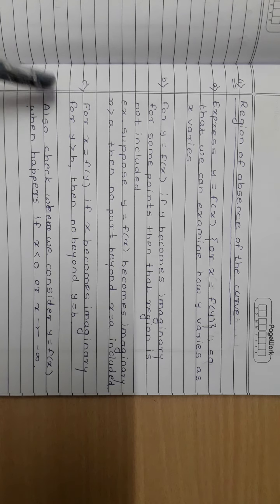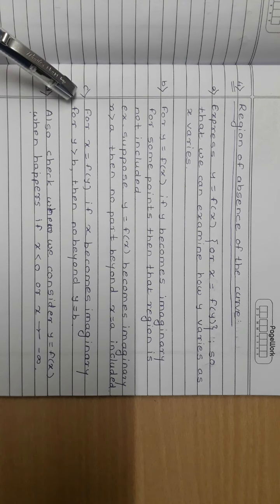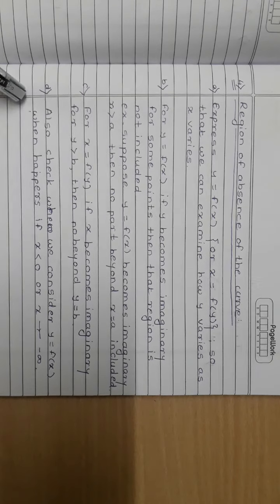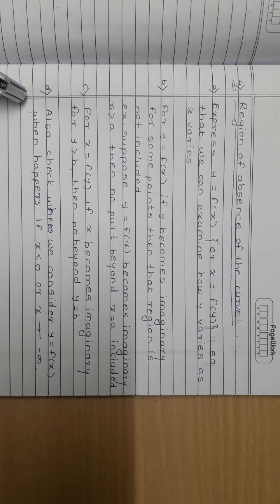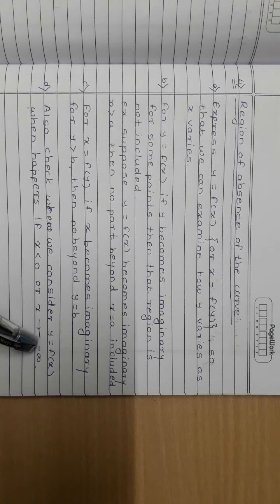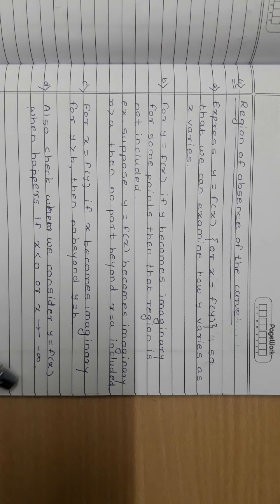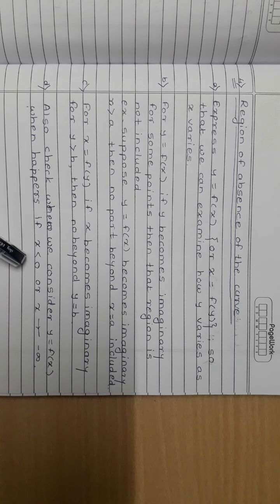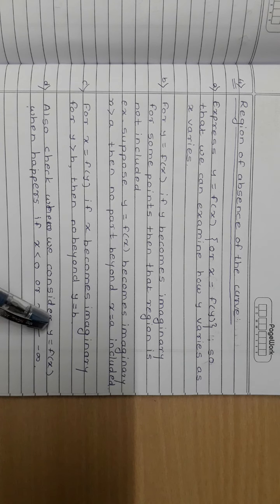Similar things you can do for x equal to f of y. Then the next thing: suppose y equal to f of x is given and the square term is not there, that is, it is just y equal to f of x, with no y square.